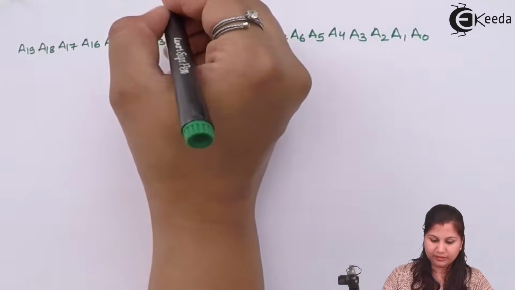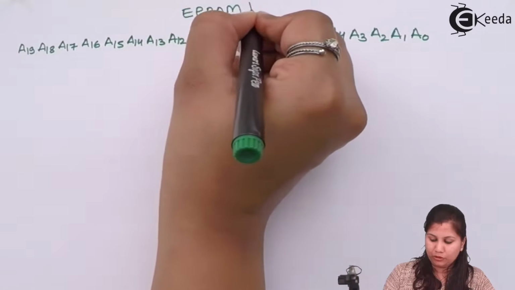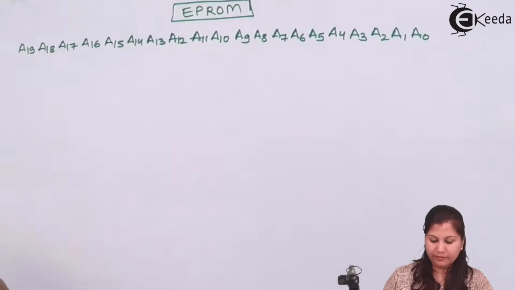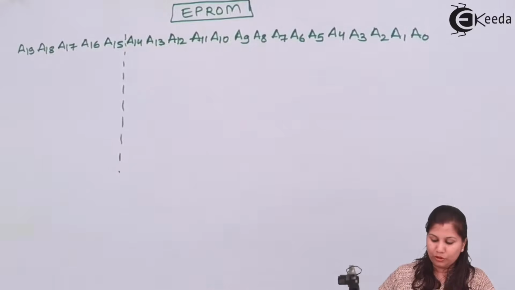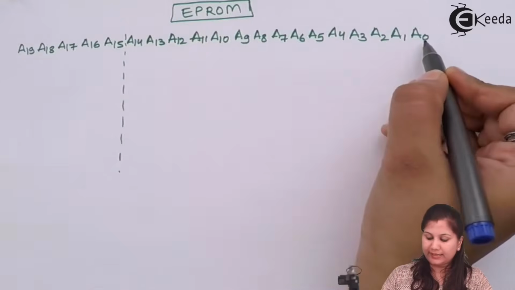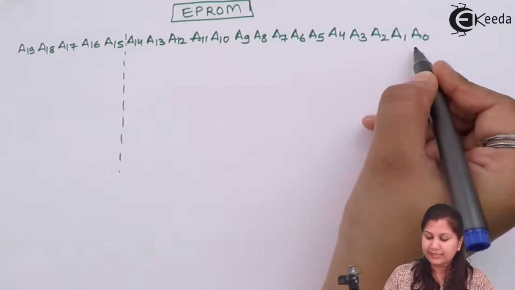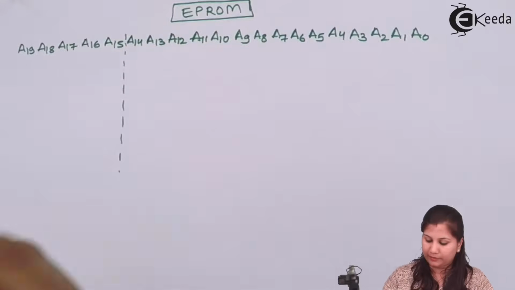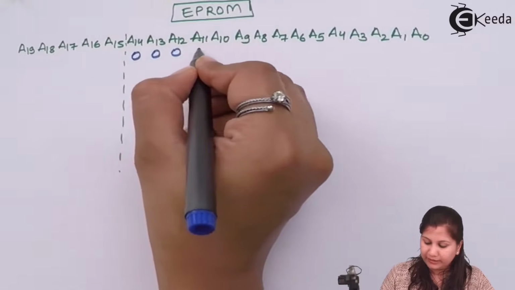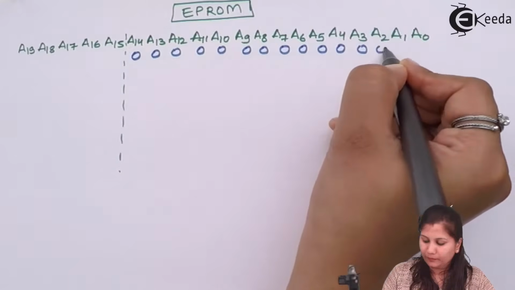Now if we study the EPROM, for EPROM we require 15 address lines from A0 to A14. So we are going to use these address lines A0 to A14 for the addresses. These address lines can take any value from all 0s to all 1s.